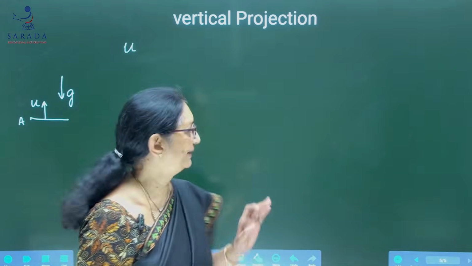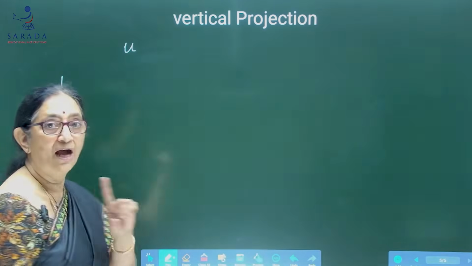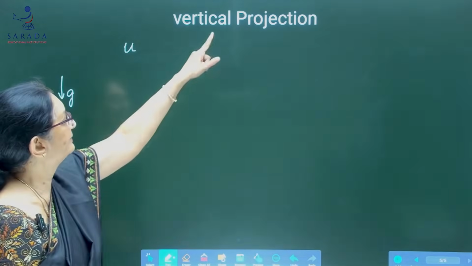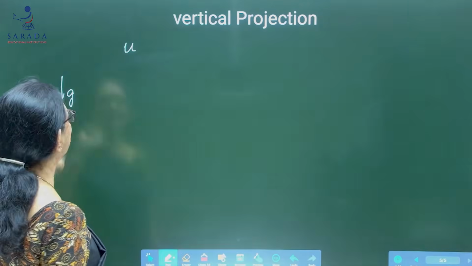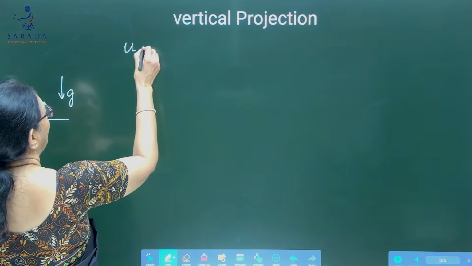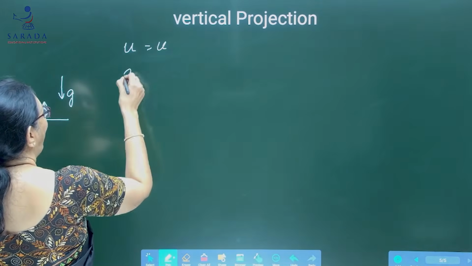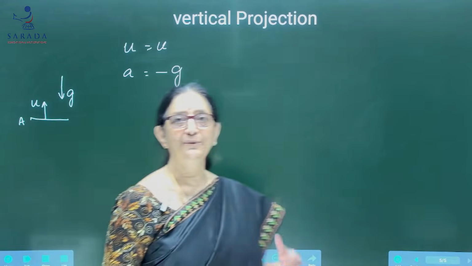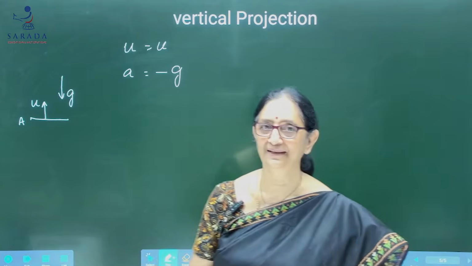So, acceleration due to gravity is always in the vertically downward direction. In this particular case, initial velocity is u. Acceleration is minus g.